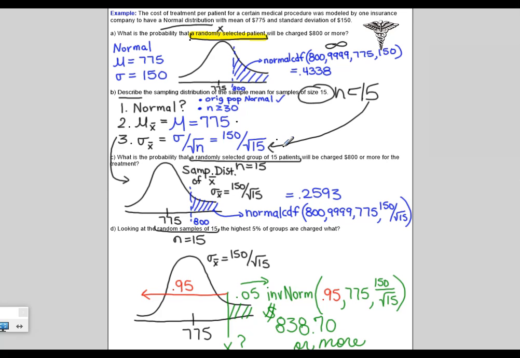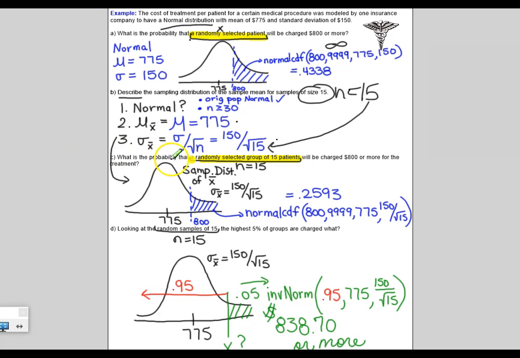So in part C, it says, what is the probability that a randomly selected group of 15 patients will be charged $800 or more for the treatment? The difference in part C and part A is that part C is talking about a group of people. So instead of just looking at one patient, we're talking about 15 patients.